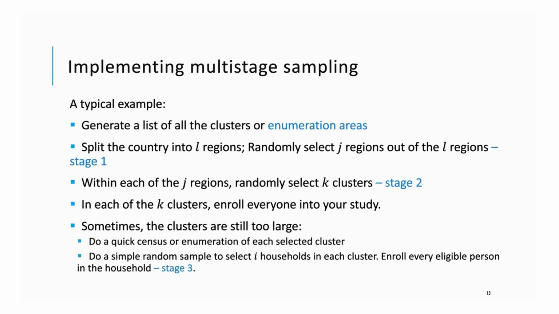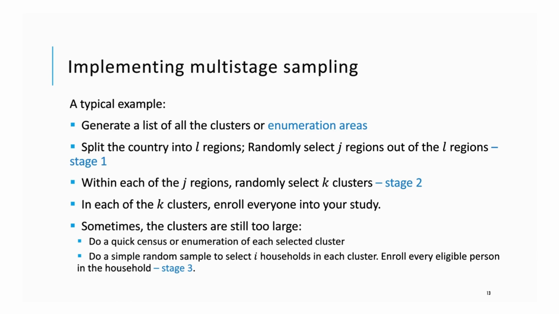Even if we choose to just do clusters around the United States, say we want to use clusters like counties, think about how many counties you would have and think about the range of geography you might need to cover to go to all those counties in the United States if you have to just randomly select counties. And you don't have all the time in the world and all the resources in the world to conduct this survey.